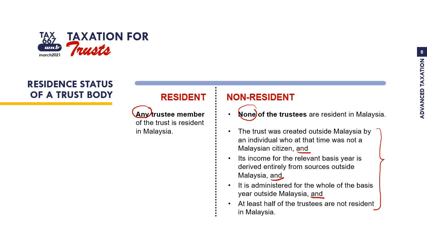The last condition is that at least half of the trustees are not resident in Malaysia. If the trust body fulfills all these 4 conditions, the trust body is also considered as non-resident.